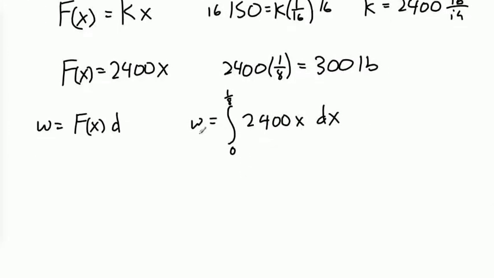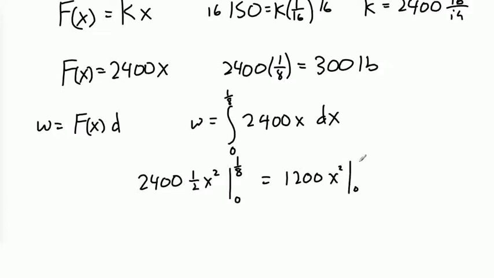So if I want to solve this, I end up getting 2,400 multiplied by 1/2 x squared, evaluated from 0 to 1/8. So this is actually going to be 1,200 x squared, evaluated from 0 to 1/8, which ends up being 1,200 multiplied by 1/8 squared, minus what you put in for 0, which is just going to be 0.